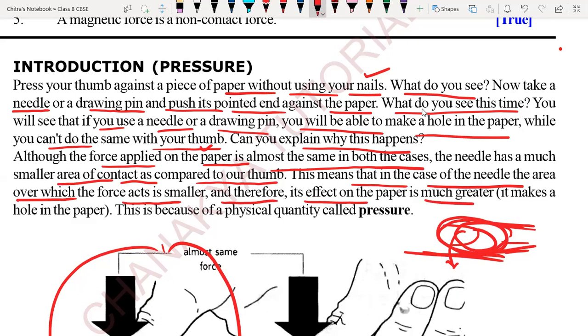But the thumb has a large surface area, hence the pressure applied by the thumb on the paper is spread over a large surface area, so it is not going to penetrate the paper. So pressure is a physical quantity, because it depends on the area.